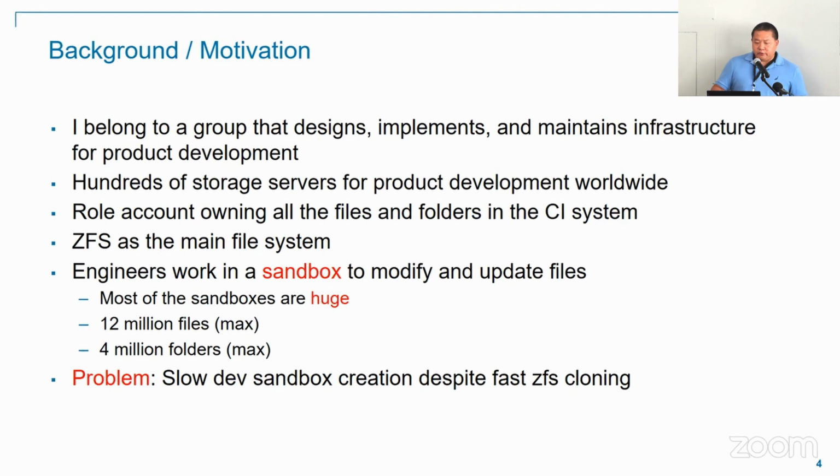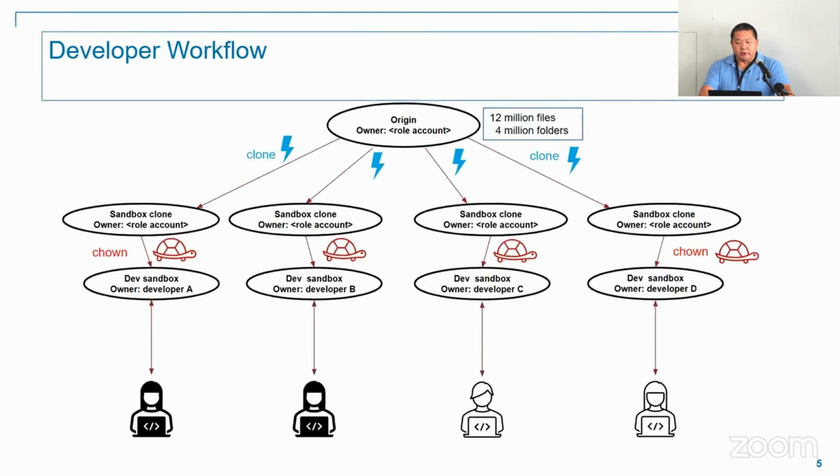But the problem is the sandbox creation takes a long time. We know the ZFS cloning is fast, but after that, we have to do something to make this sandbox ready for a developer. So here's a typical workflow. We have an origin, the ZFS dataset, and its snapshot.